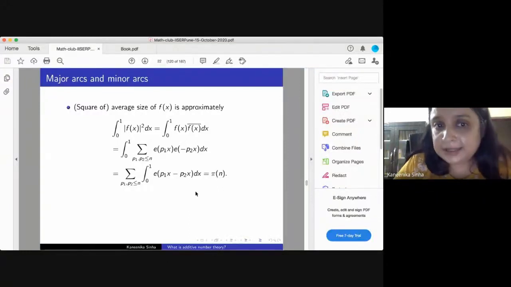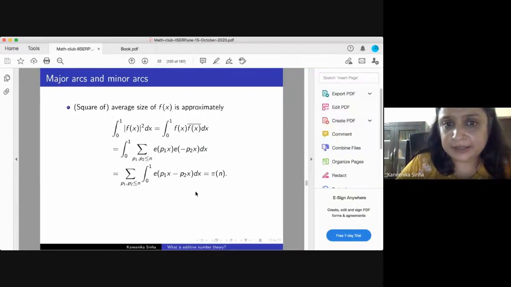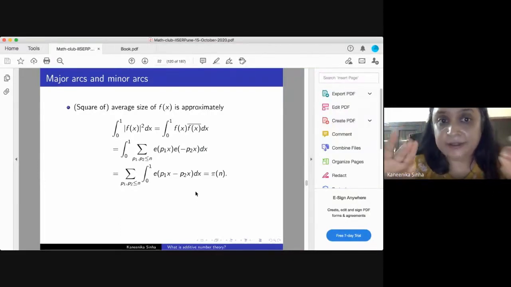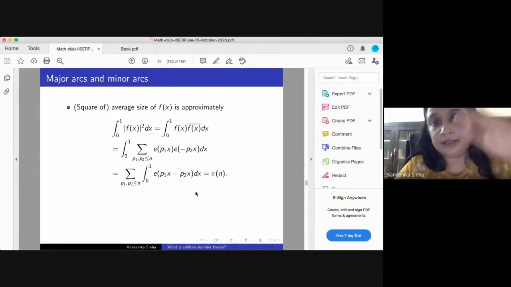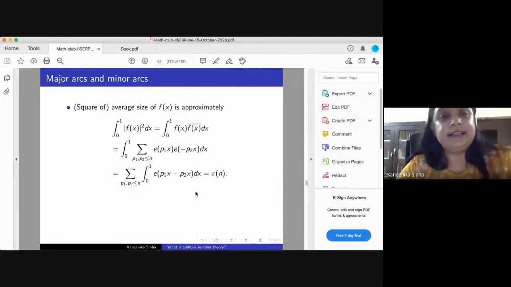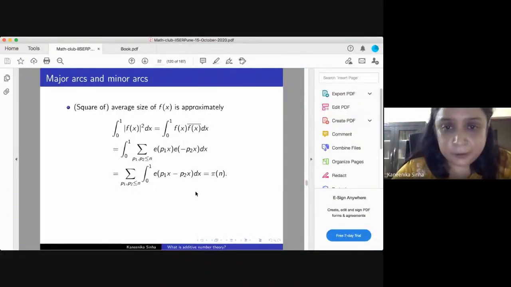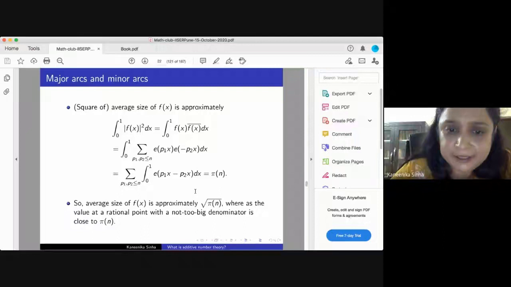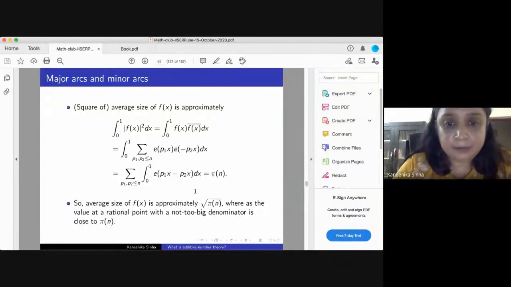So what this tells you is that the square of the average size of f of x is approximately pi of n. I'm doing a lot of hand waving here, okay? When you start working out things in their entire technical detail, that constitutes the entire course. So the average size is approximately the square root of pi of n. Okay, and what do we know about the values at the rational points?